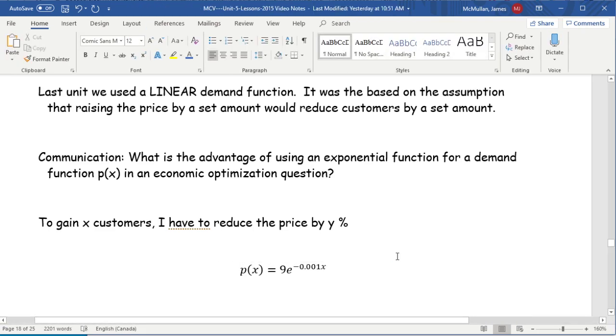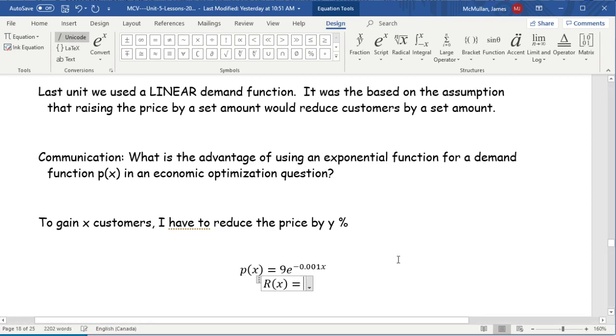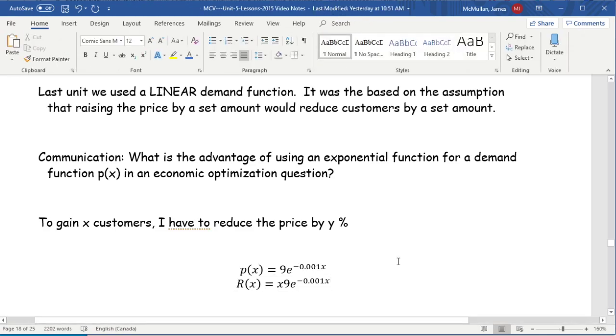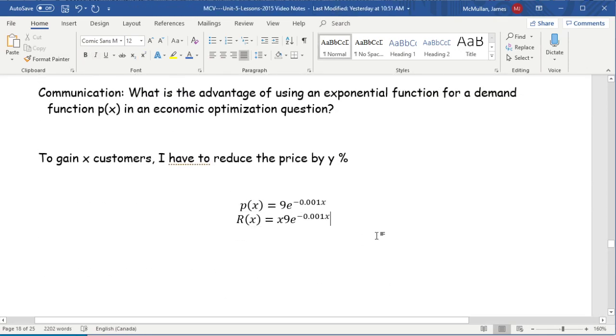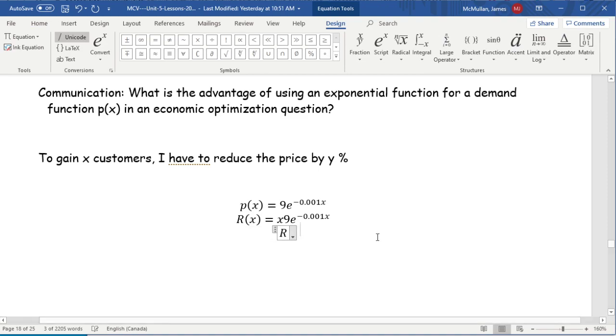That was our demand function. Our revenue function, therefore, is simply x times that, just like it was last unit. You just multiply by x, because x is the number of sales and p of x is the price you're charging. So now you ask, what's the derivative of the revenue?